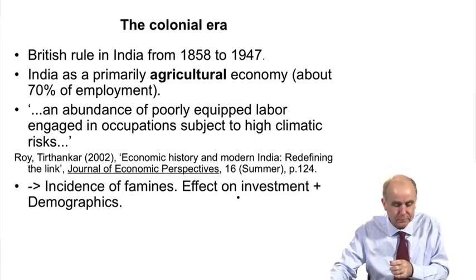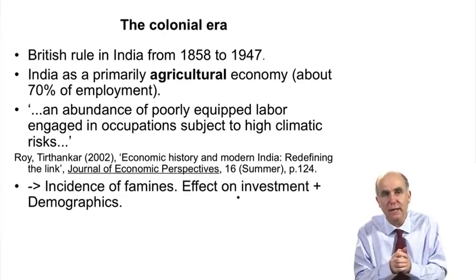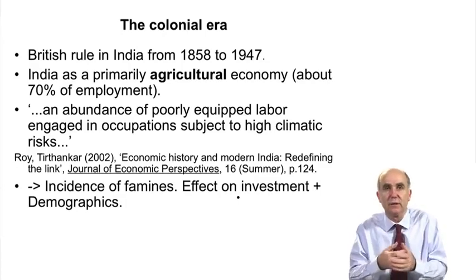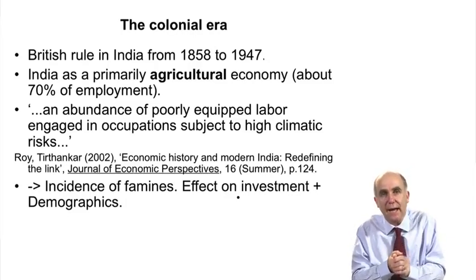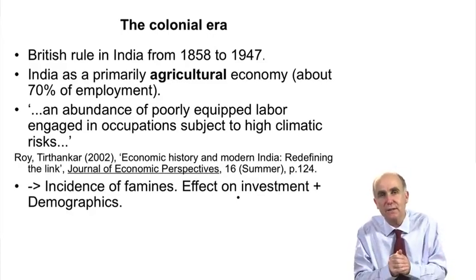So if those rains fail in any areas, then historically it's raised the risk of famines, for example, or significant food shortages in those areas. And so economic historians of India generally argue that that climatic uncertainty, the uncertainty of the amount of output that could be produced, has had significant effects on investment and demographics in India.